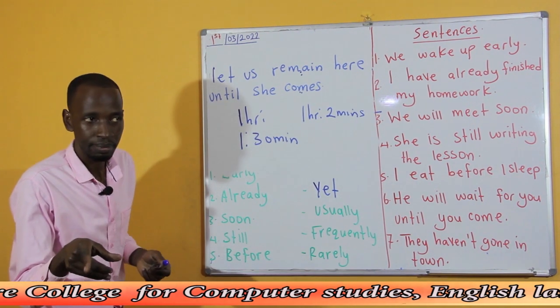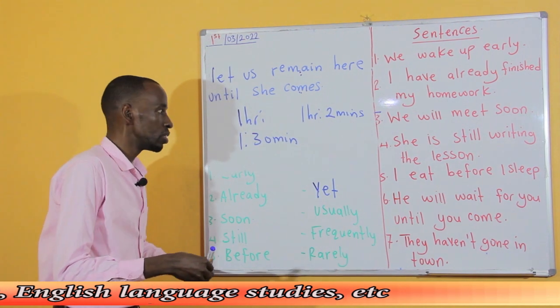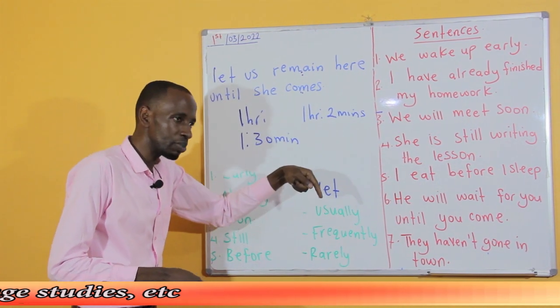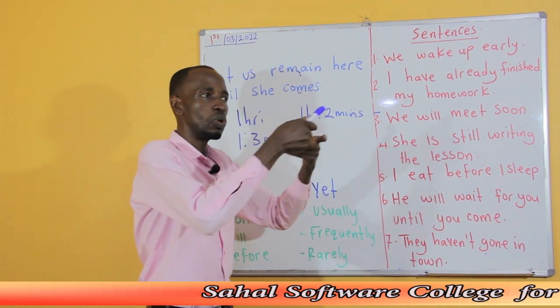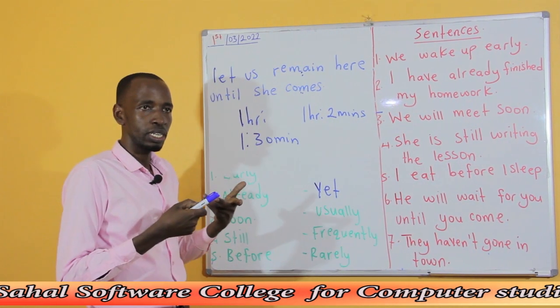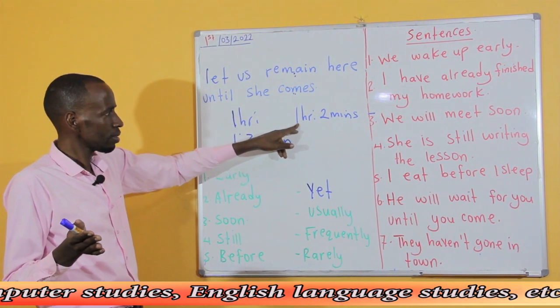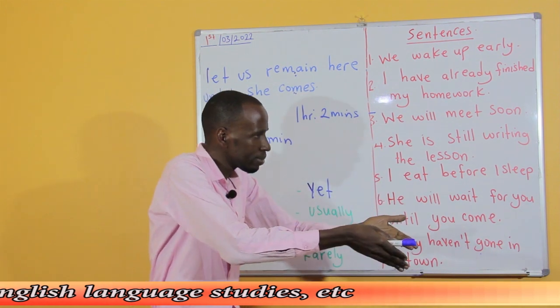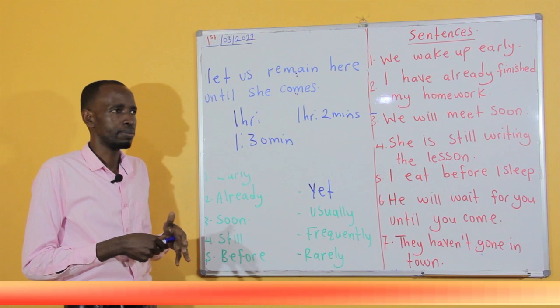That is negative. Not yet. So why do we use yet? It means something takes longer time than expected. Because me, I think at 1 hour, you are done. But if you add some time, that's when you should use yet.